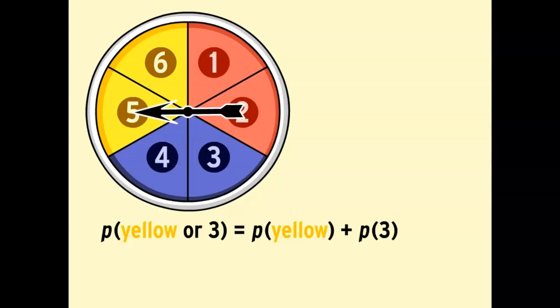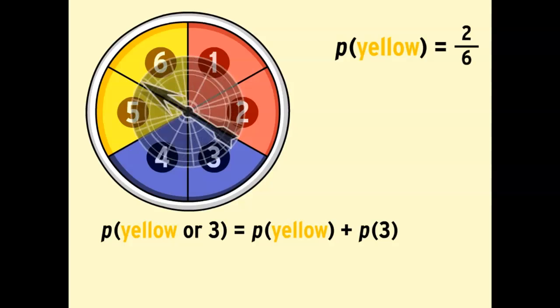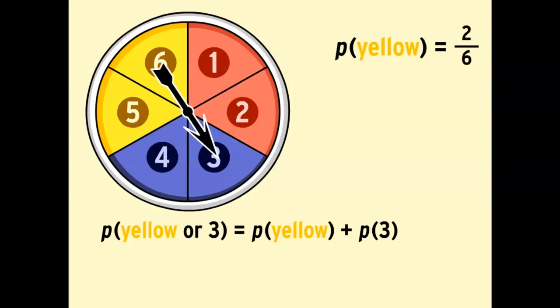There are 6 possible outcomes each time we spin, and 2 of them are yellow. So the probability that we'll land on yellow is 2 in 6, which can be simplified to 1 out of 3. There's only 1 3 on this spinner, so the probability of spinning a 3 is 1 in 6. Let's plug that into our formula.